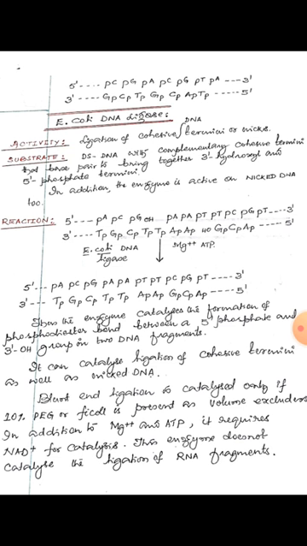Thus, the enzyme catalyzes the formation of phosphodiester bond between a 5' phosphate and a 3' hydroxyl group in DNA fragments. So also it can join the nicked DNA.